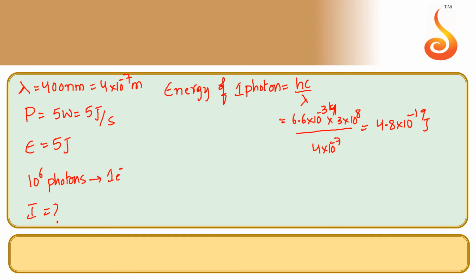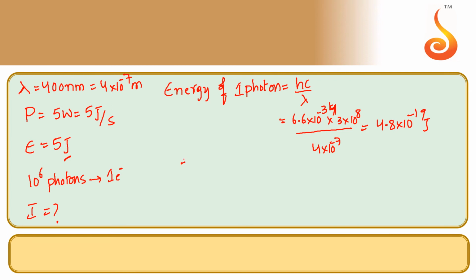Therefore number of photons ejected in 1 second. So we need to calculate what is the total number of photons to carry 5 joules of energy, because one photon carries 4.8 into 10 power minus 19 joules. Then how many photons are required to carry 5 joules?